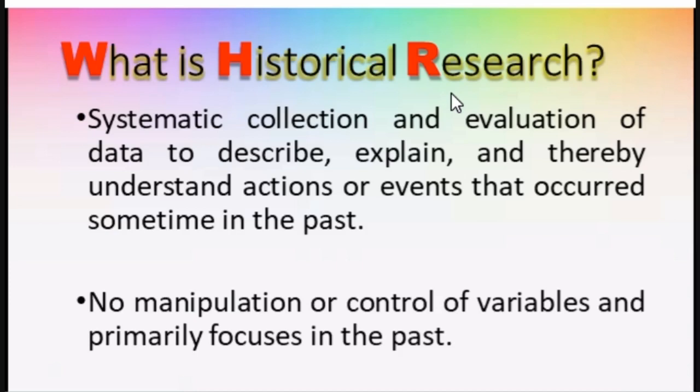You have to do a systematic way of collecting data, and then you have to describe it to interpret the events that occurred from the historical point of view, right? No manipulation or control of variables, no manipulation and control of variables. In the sense, in the types of research, I already told you about experimental research, right? So there will be a control group and an experimental group. In history, there is nothing like that. It just focuses only on the past events.